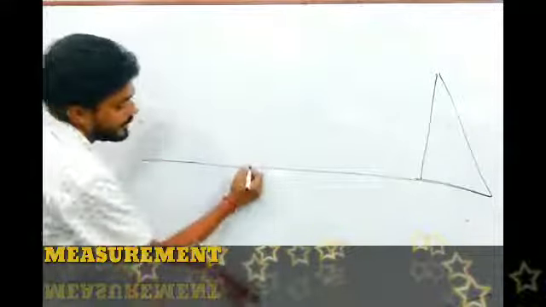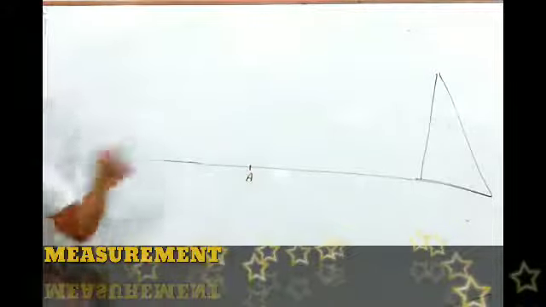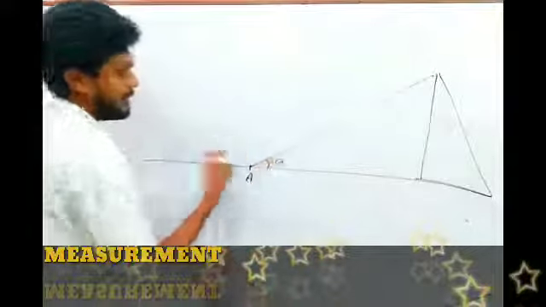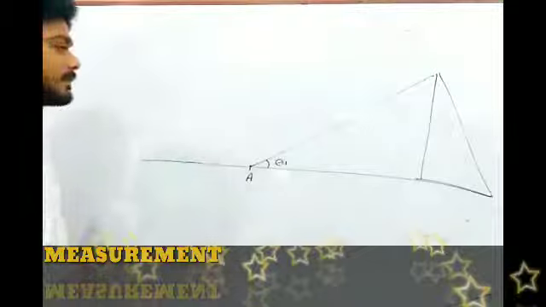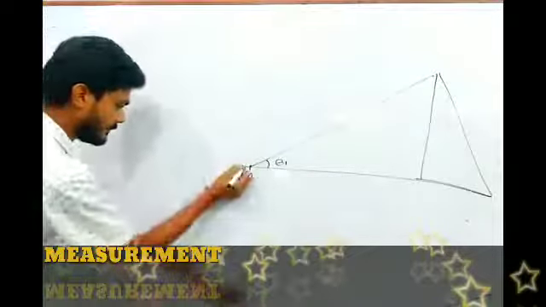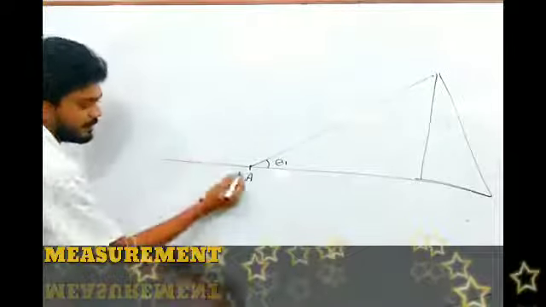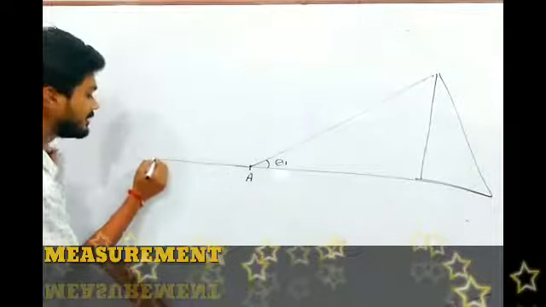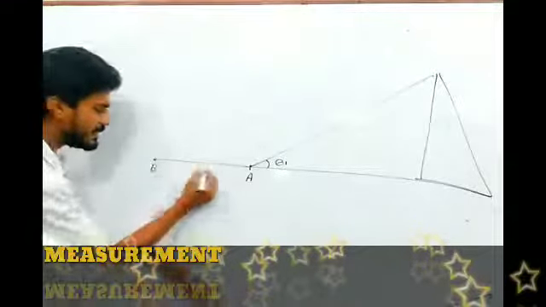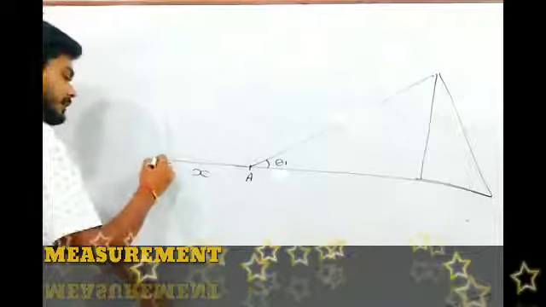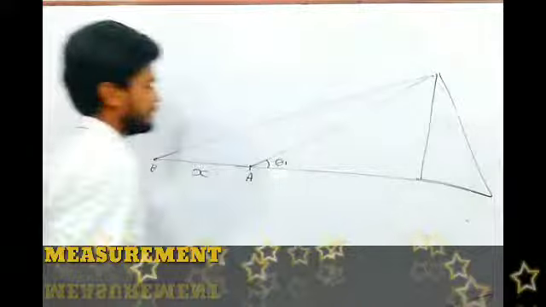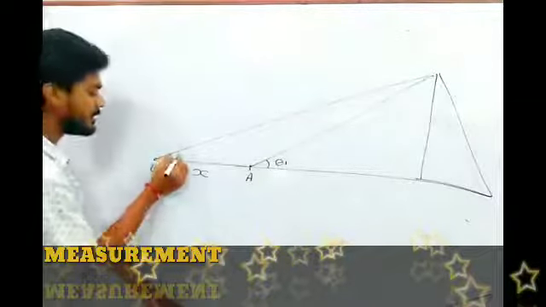Then a very simple step. Take any point A and from A measure the angle of elevation, theta 1. Then move some distance backward. Suppose we move to the point B, measure this length x and again find the angle of elevation, theta 2.